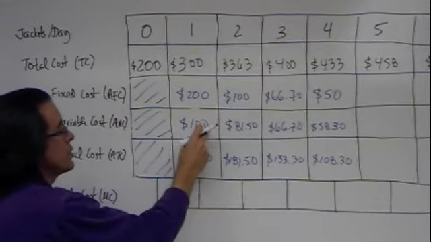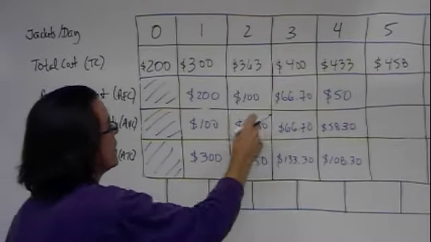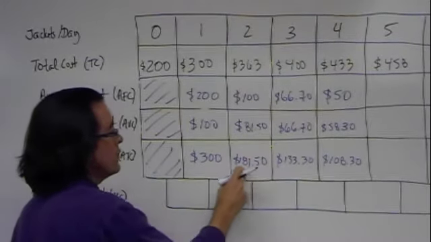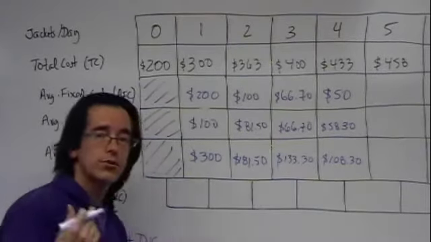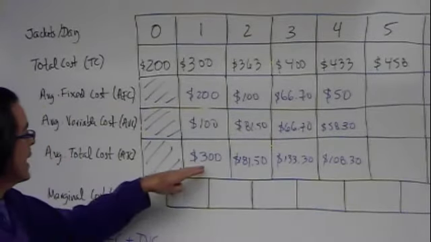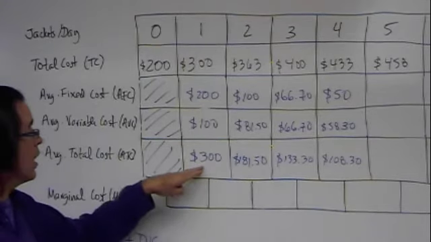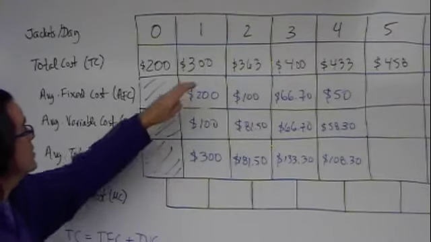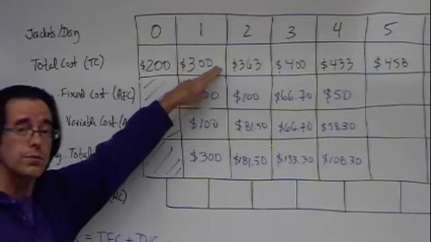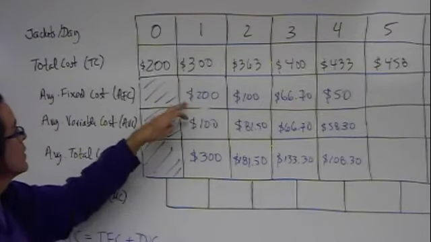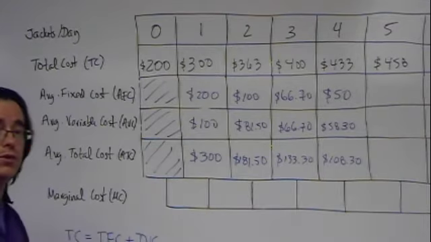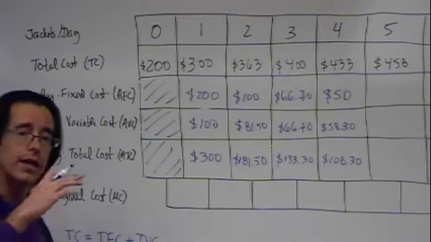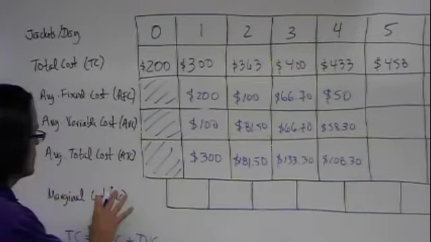Well, 200 plus 100 is 300. 100 plus 81.50 is 181.50, etc., etc. So we've shown that we get a consistent result: average total cost, by simply dividing total cost by the output, or simply summing the average fixed cost and the average variable cost. Okay, so that takes care of the average cost.